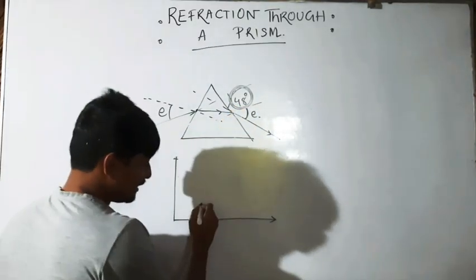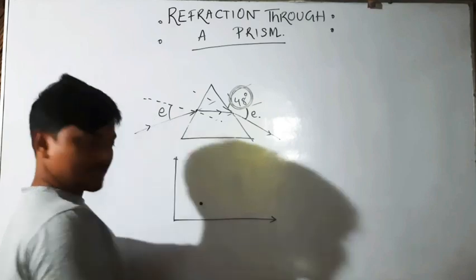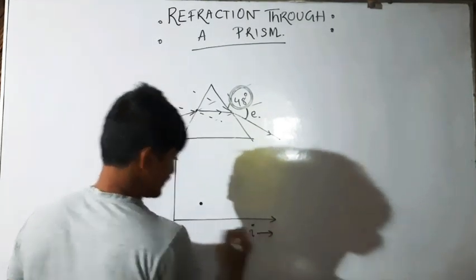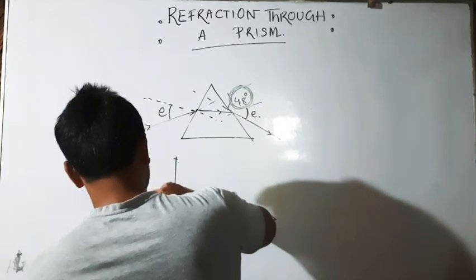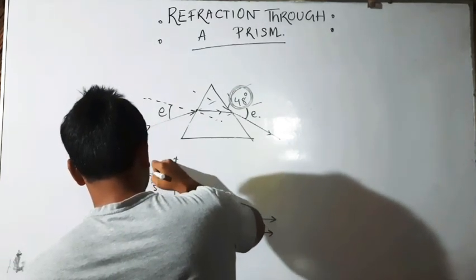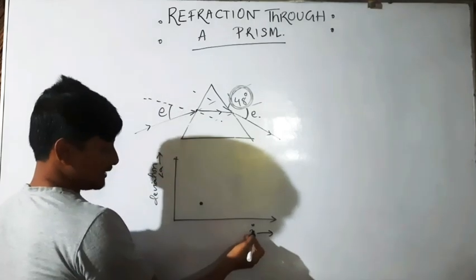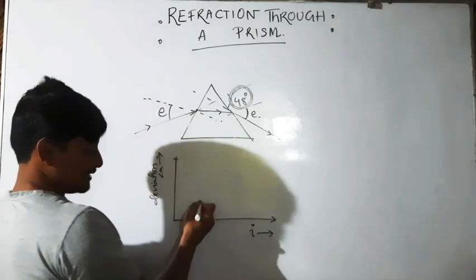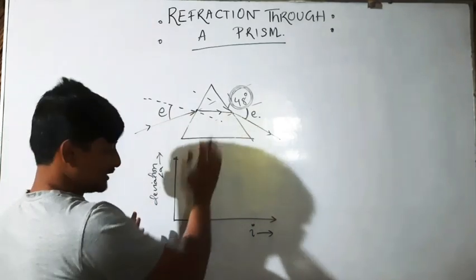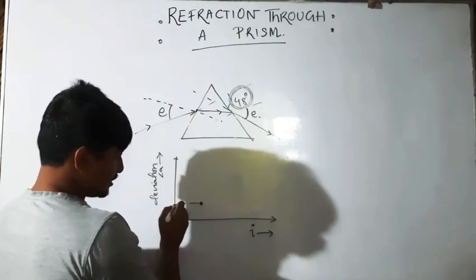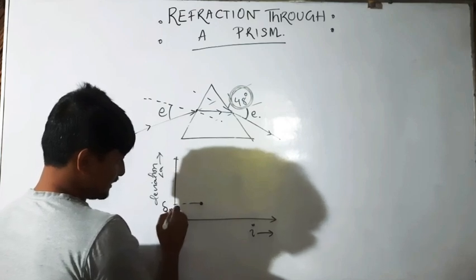So let there be a point here, understood? So let here be the incident angle and here be the deviation angle. Okay, so when the incident angle is at a particular point, that is, equal to the emergent angle, the angle of deviation is minimum. Here the angle of deviation is the minimum, delta min.